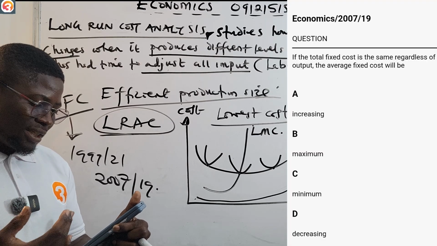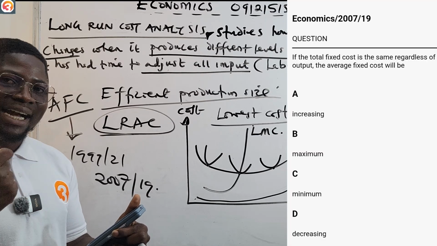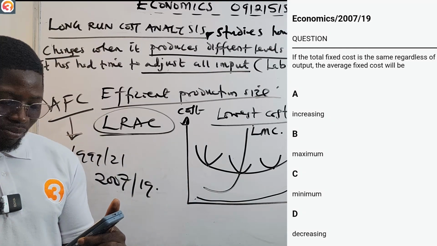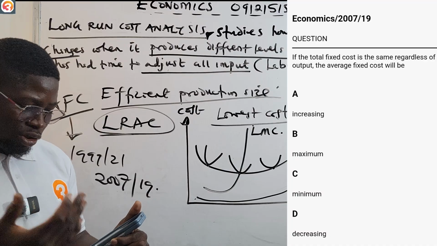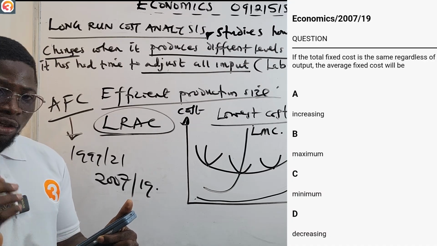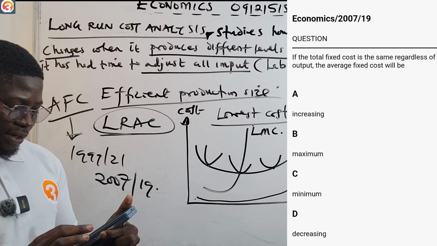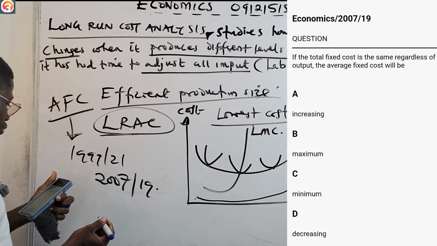If the total fixed cost is the same regardless of the output, the average fixed cost will be decreasing. It continues to fall. So in the long run the average fixed cost will definitely fall. It will decrease.